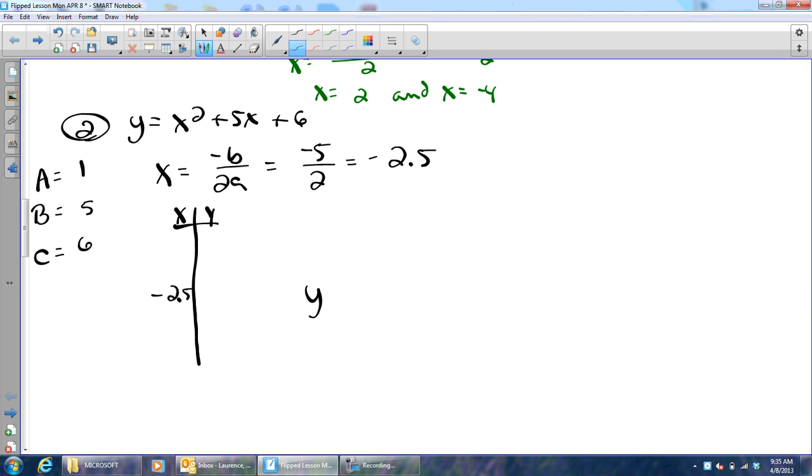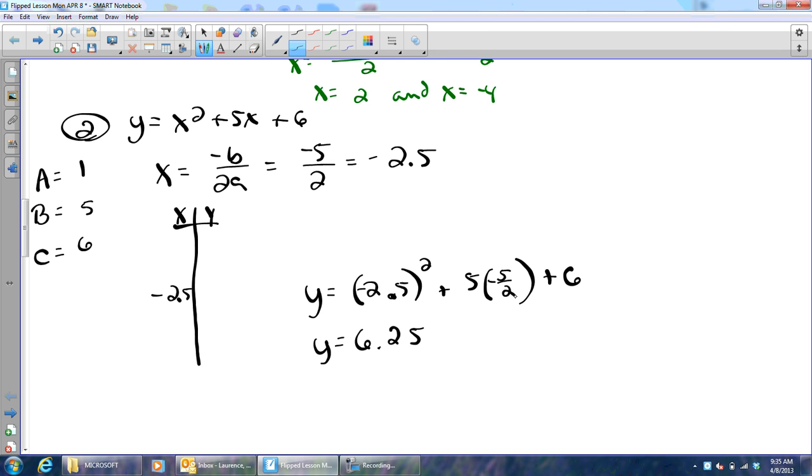So we get y equals negative 2.5 squared plus 5 times negative 2.5 plus 6. I rewrote 2.5 as 5 halves, and you'll see why in a second. So this is going to be 6.25, and it'll be positive.